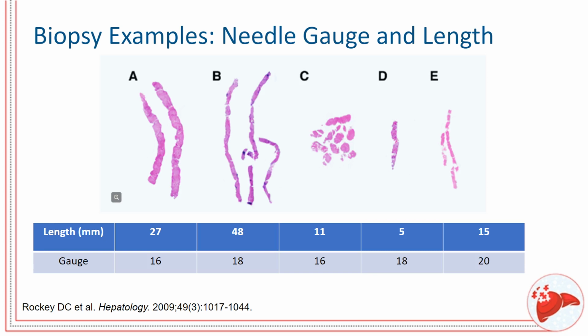Sample D is a short fragment, only 5 mm in length, so it's inadequate. Sample E, although lengthy, was taken by a 20 gauge needle, which is too narrow to show the complete portal tract. So C, D, and E are inadequate biopsies.